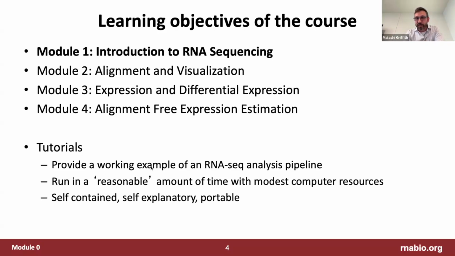It needs to run in a modest amount of time with modest compute resources so that we're not sitting waiting for something to finish. So there have been a few tweaks to the input data that we made to make that work quickly. As much as possible, it's supposed to be self-contained, self-explanatory, and portable, which means we try to provide methods to help you rerun this analysis when you get back to your own institutions. We also annotate all the commands with explanations of what's going on, what each parameter does, what inputs it takes, and what it produces as output.